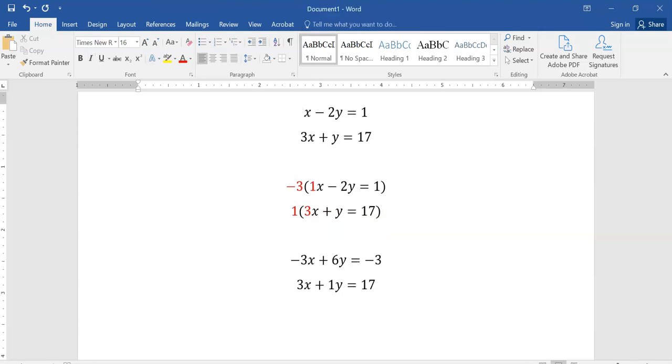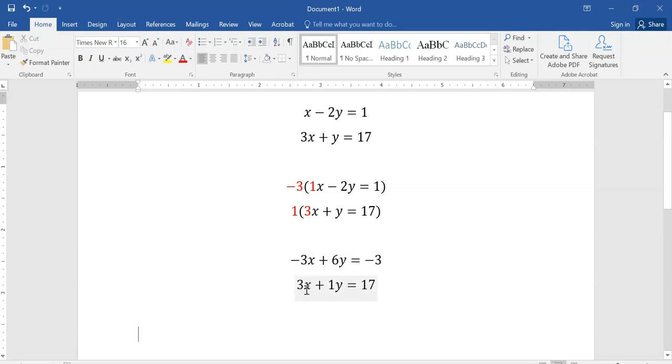Now we've done what we set out to accomplish. Now we've multiplied both equations, and now I have opposite numbers on the x's. Therefore, when I add those, what's going to happen is the x's will be eliminated. So add the equations.